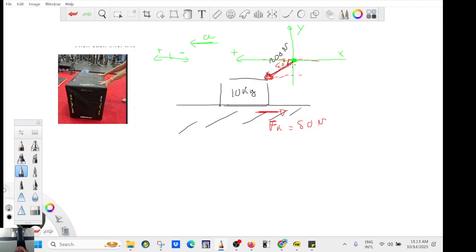It's going to be the x component, right? That will be your winner. So it will be 200 cosine 40 minus the loser, which is 50, equals inertia, not to confuse with the weight, so it's going to be 10 times the acceleration.